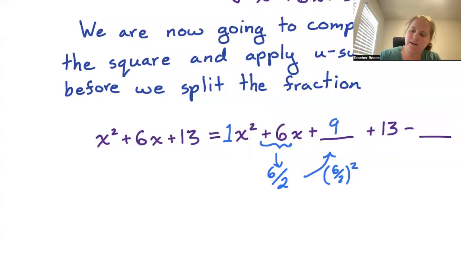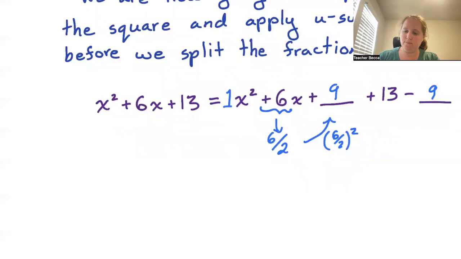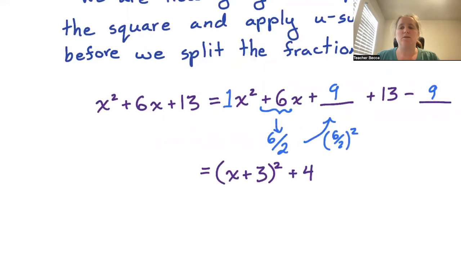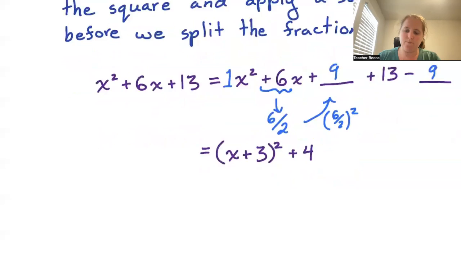So we're just adding 9 and subtracting 9. This is the exact same complete the square from the previous video. So this becomes x plus 3 squared, and then 13 minus 9 is 4. So our denominator becomes x plus 3 squared plus 4.